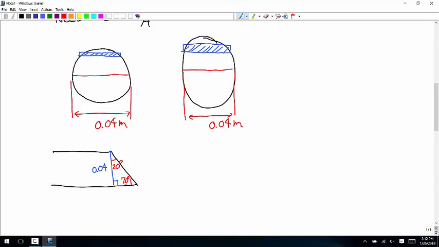So the hypotenuse, well, 0.04 over the hypotenuse is equal to sine of 70.